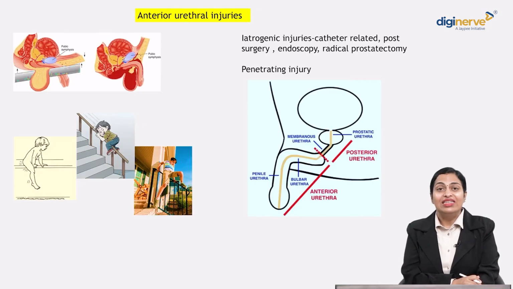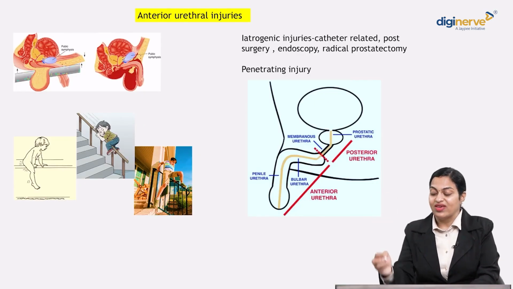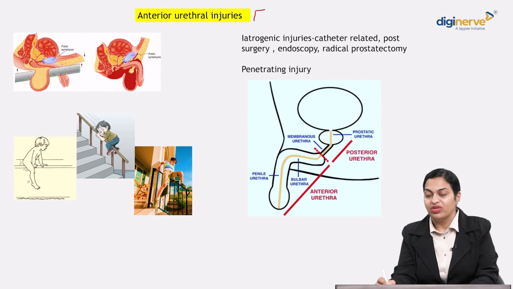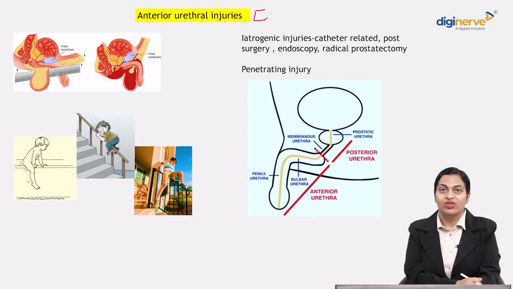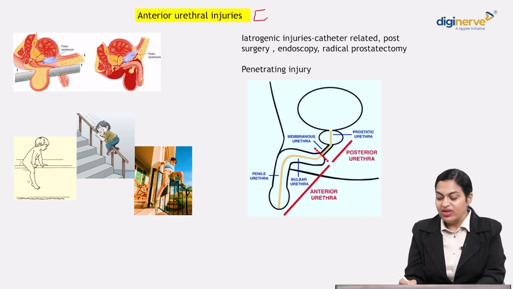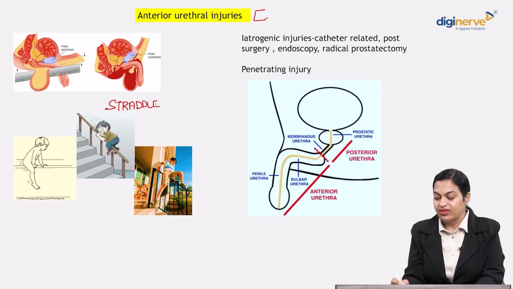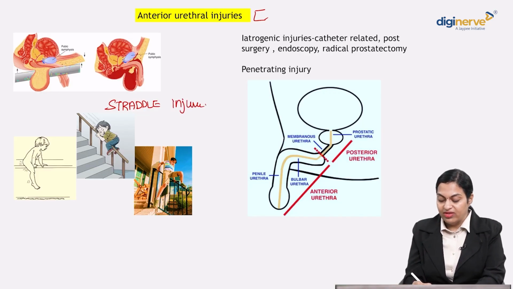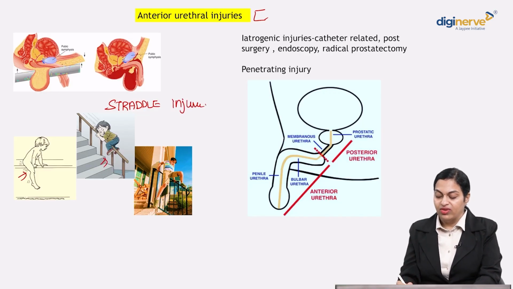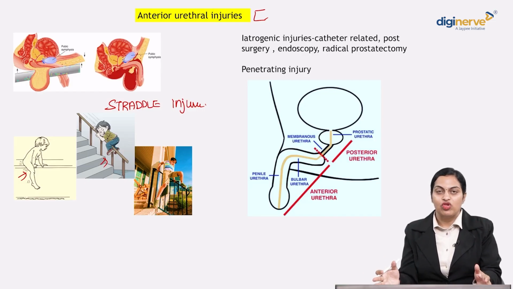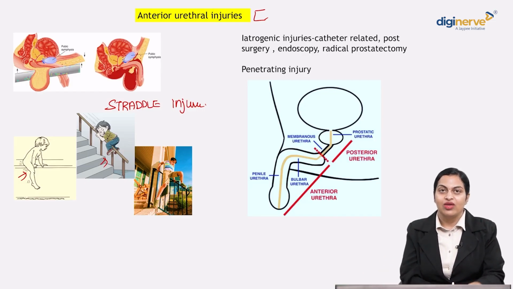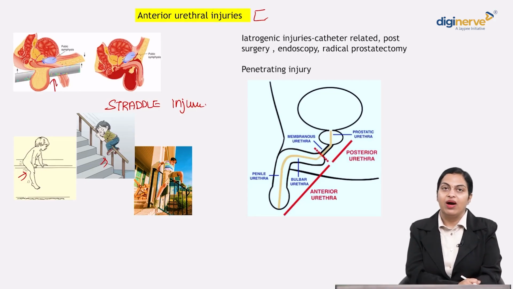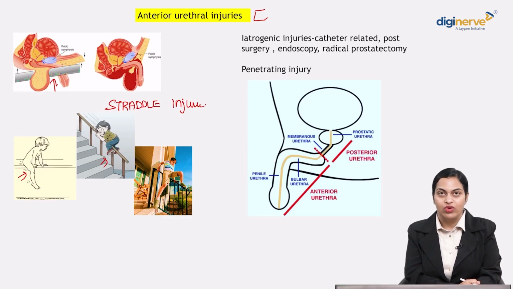And anterior urethral injuries involve the bulbar urethra or the penile urethra. Most commonly, they are straddle injuries, like the images shown here: in the abducted position of the thigh, you're straddling against something that can injure the bulbar urethra or the penile urethra.